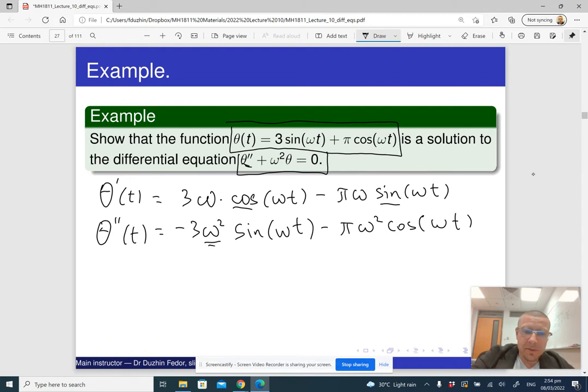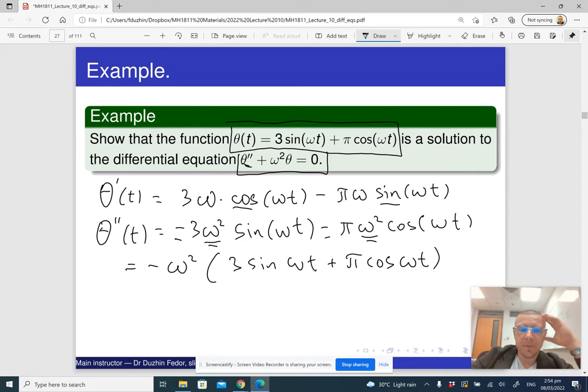Well, we can take out omega squared just to simplify, so it's going to be minus omega squared times 3 sine omega t plus pi cosine of omega t. Okay, so this is theta double prime.